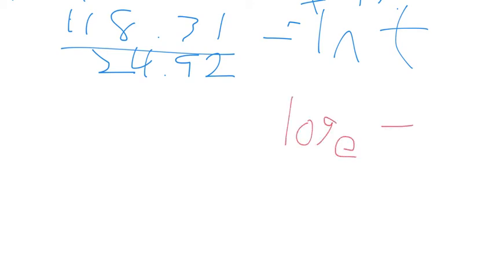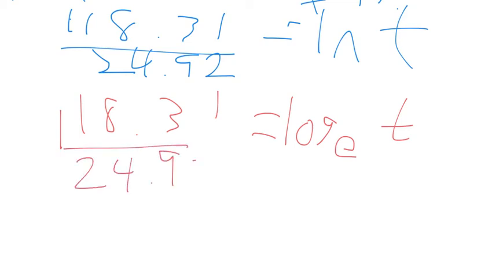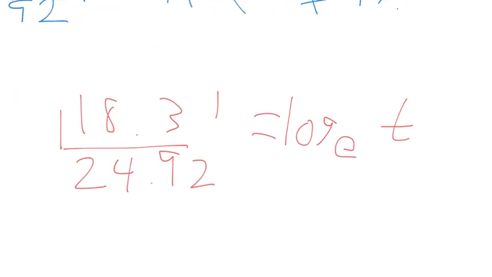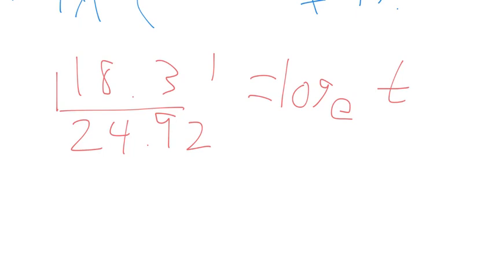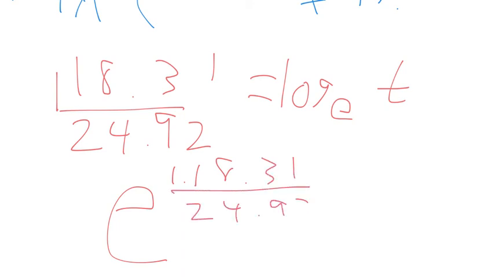It might be easier for some of y'all watching to see. Rewrite as log base e of t. So what we can do here is take the base of our logarithm, rewrite it as an exponent. So it'd be e to a power of the exponent, which would be the output for the logarithm, so 118.31 divided by 24.92. Alright, and that's equal to the input of the logarithm, which is just t.